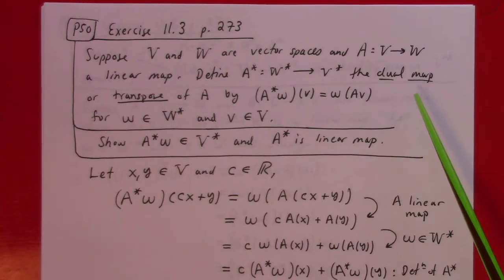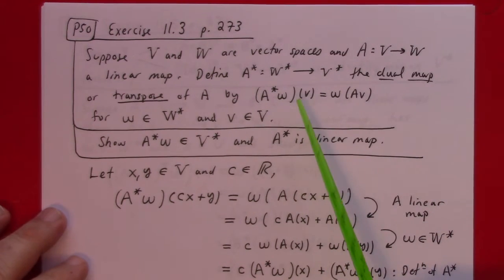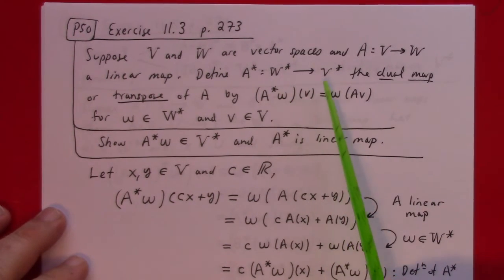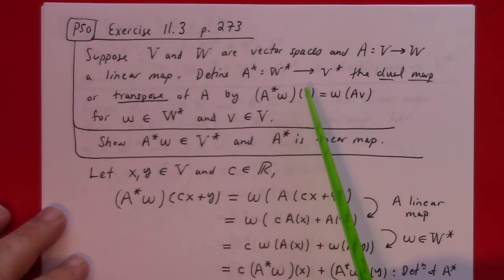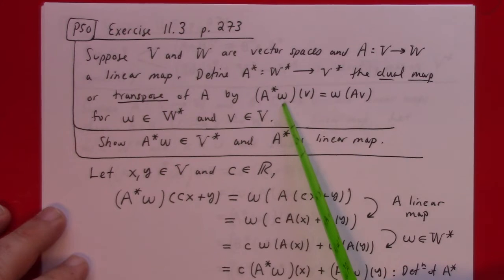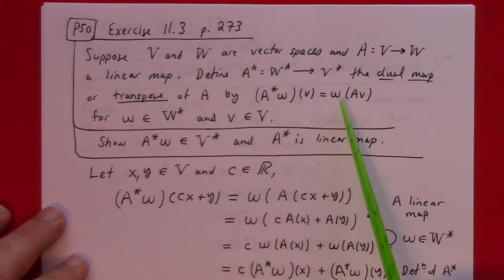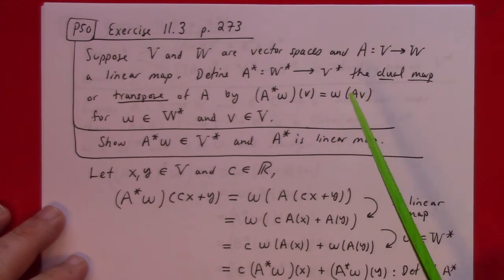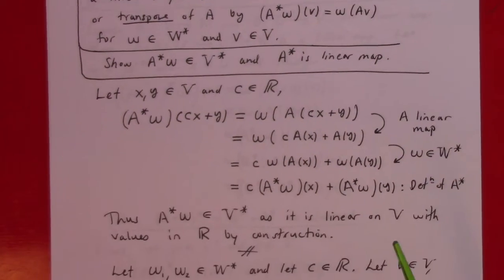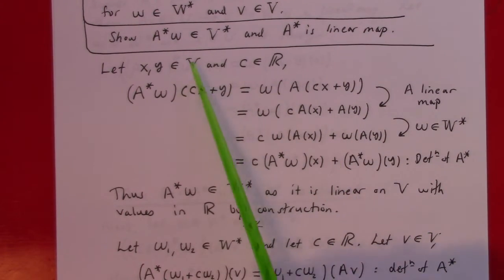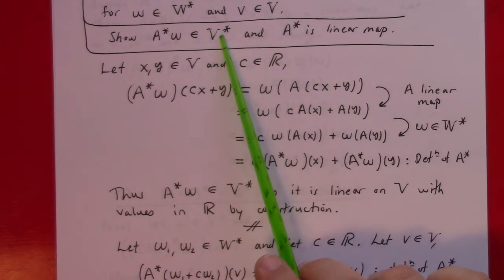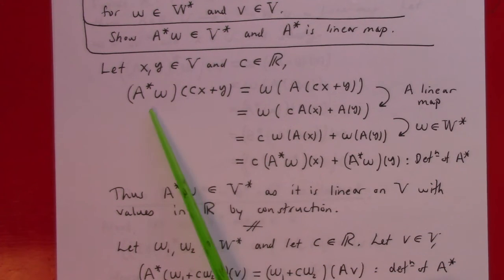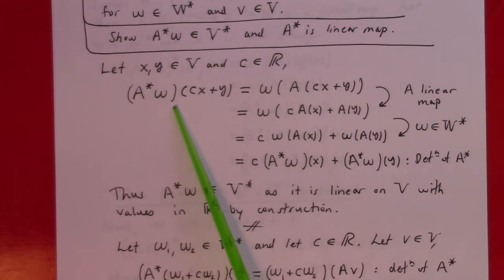So here we define the dual map, or the transpose of A, to be a mapping on the dual spaces if A is a linear map on the vector spaces. The way that's defined is that A dual on omega, if it acts on V, is omega of AV. Here I prove first that the dual of A acting on omega is in fact a dual vector on V, so that proves that the map A star is in fact into.